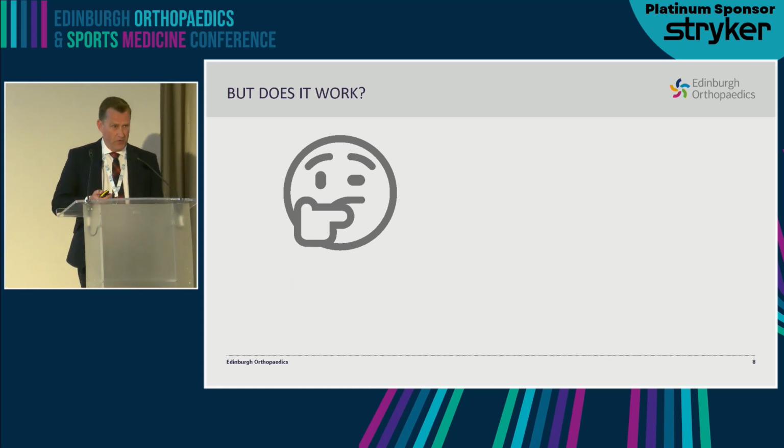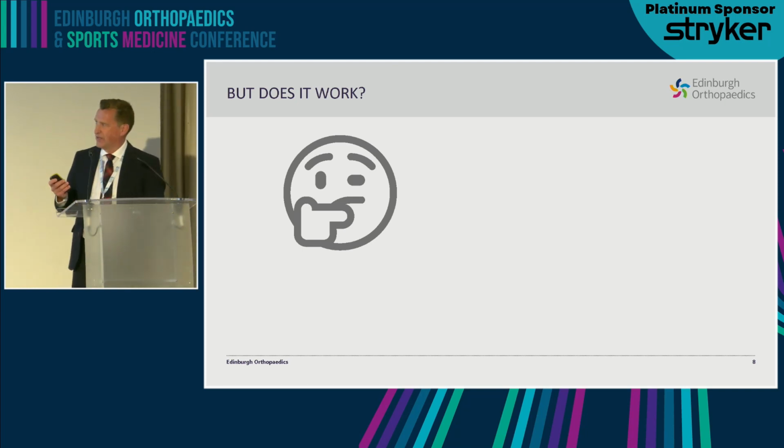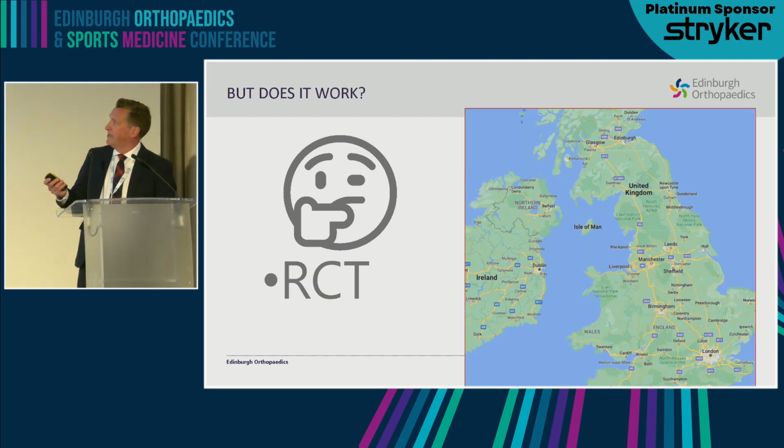But does this operation actually work? And how do we prove that? Well, the best way to do it is with randomized controlled trials comparing the surgery to other treatment options. And so we're very lucky in the UK. So here's where you are today up here in beautiful sunny Edinburgh with fantastic weather.